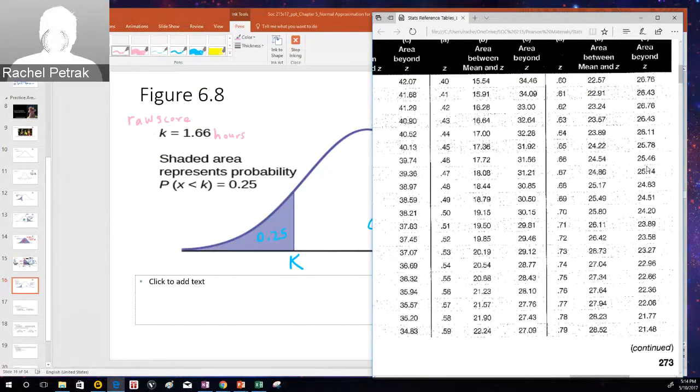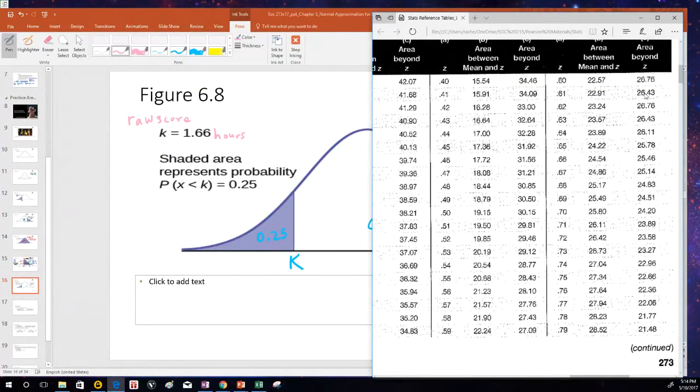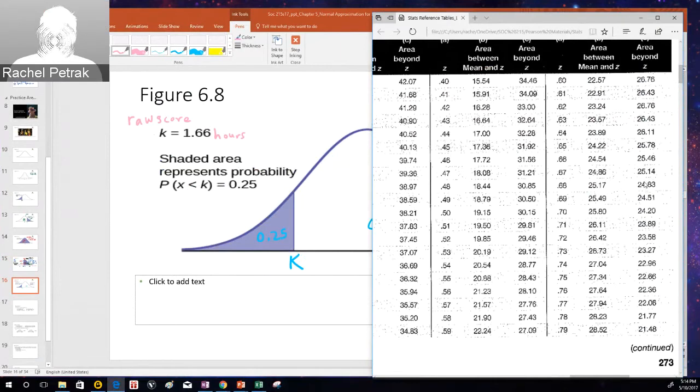And here I am in the C column, the area beyond Z is 25.14, or we could choose 25.83 or 24.83. You always have to choose one of these values. We would never pick one in between.